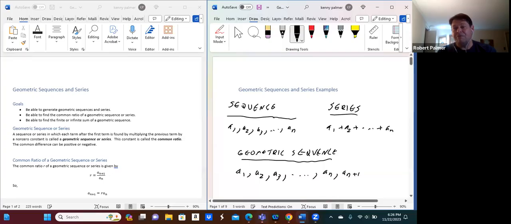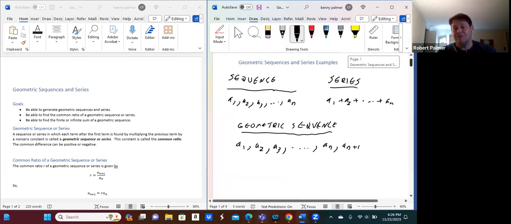We can get from A1 to A2 like this: A2 is some number we'll call R times A1, and A3 is R times A2.